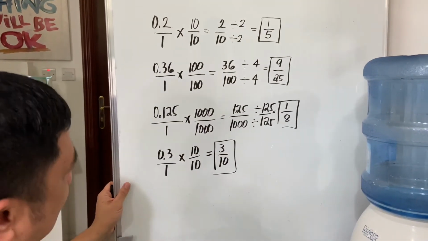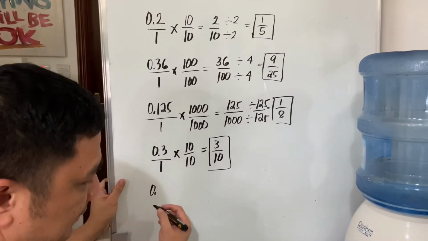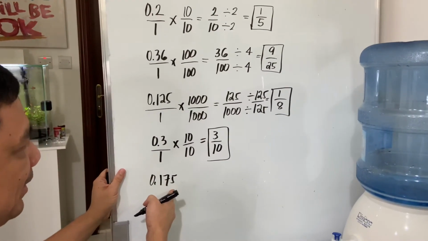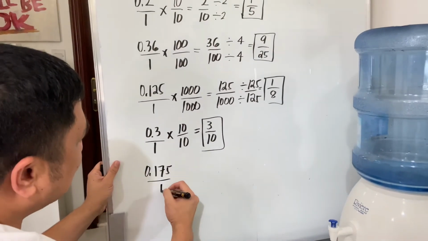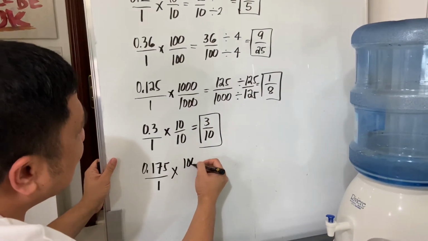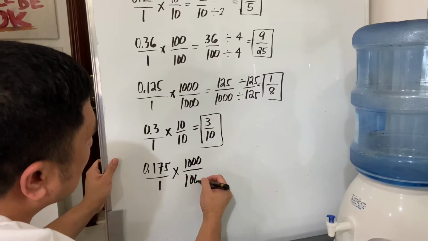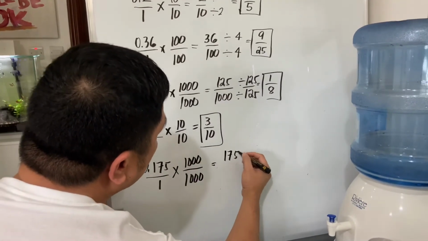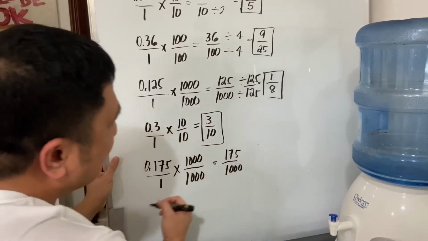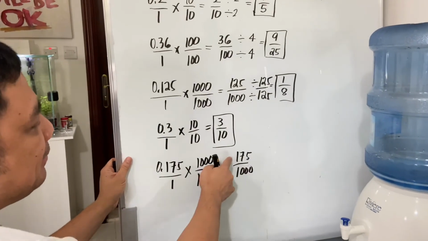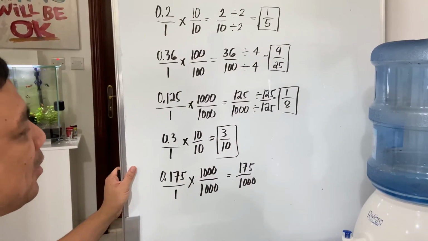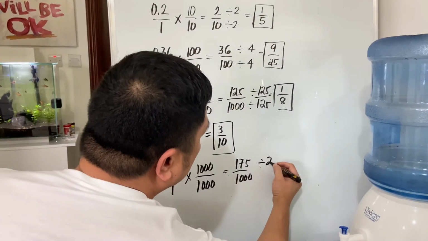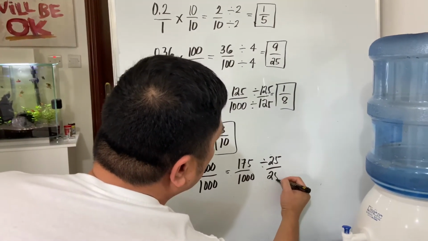Let's try more. 0.175. Here it is in the thousandths, so you just have to divide by 1 and get rid of the decimal place, which is 1000. So now it is equal to 175 over 1000. In this case, you can see that the greatest common factor of 175 and 1000 is 25.